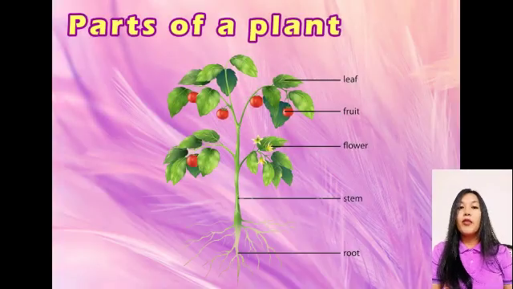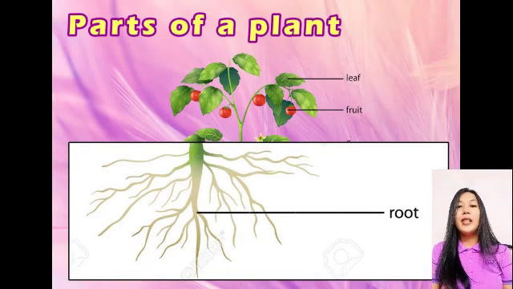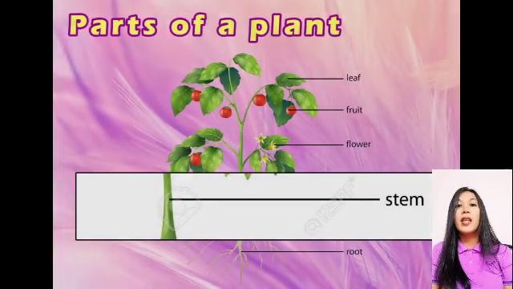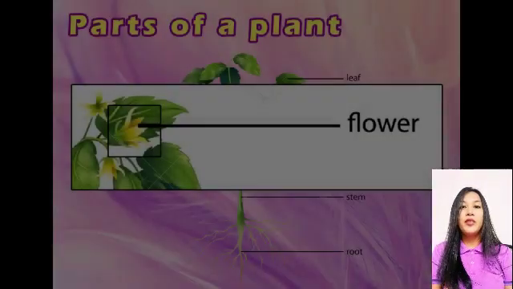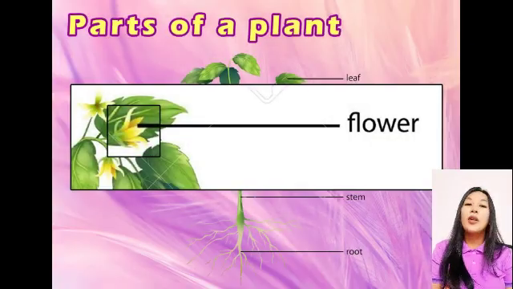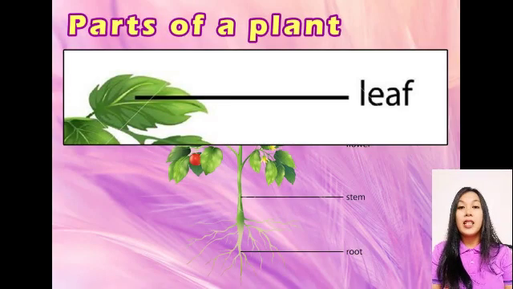Okay, now let's meet the different parts of the plant. Starting off with the roots. Next we have the stem. Next we have the flower. Next we have the fruit. And lastly we have the leaf.